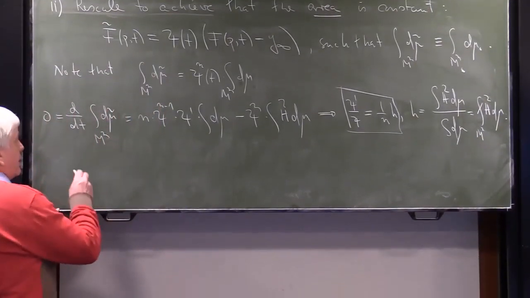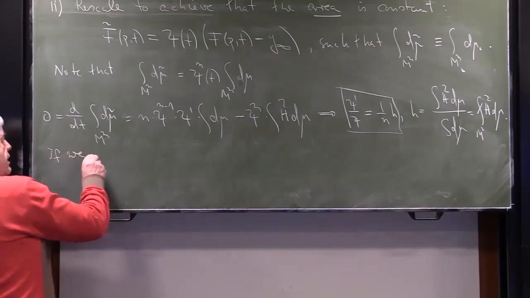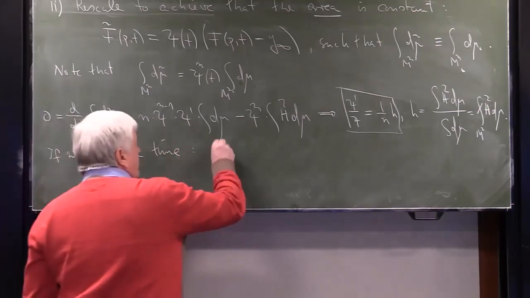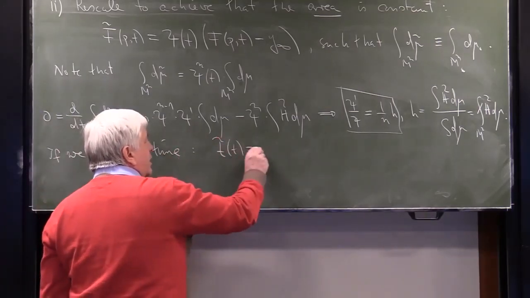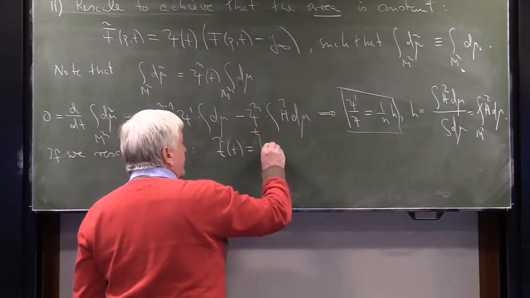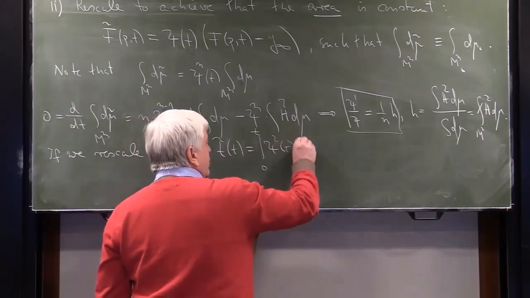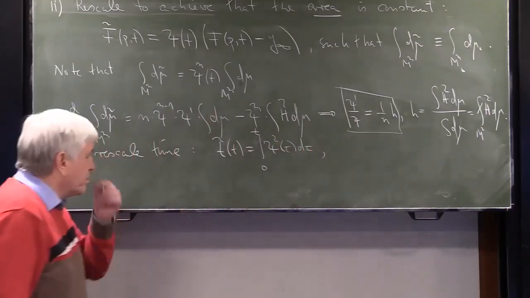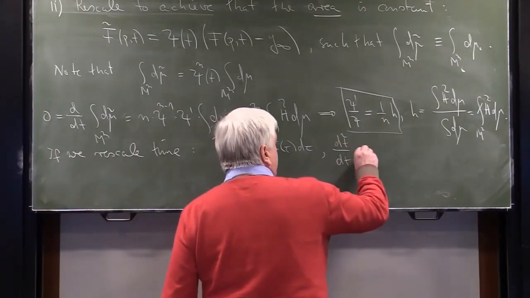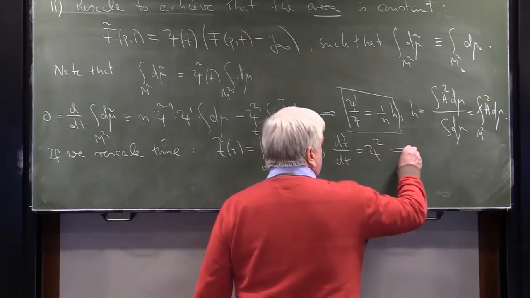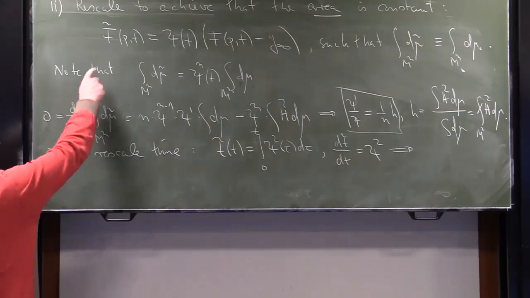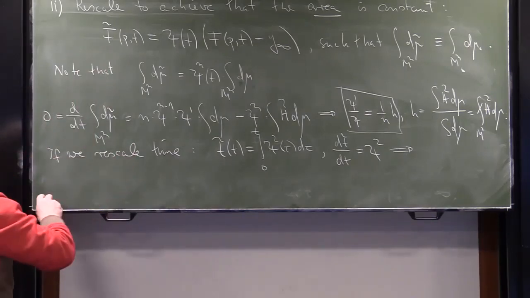If we rescale time by setting t tilde of t to be the integral from 0 to t of psi squared of tau d tau, such that dt tilde with respect to dt is equal to psi squared, then you can compute an evolution equation of f tilde with respect to t tilde.